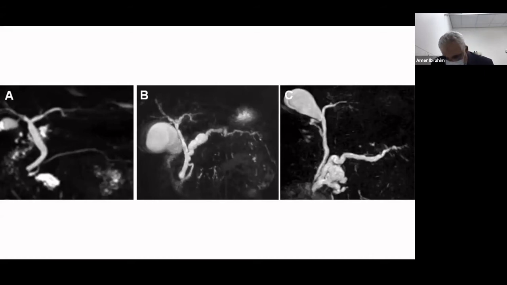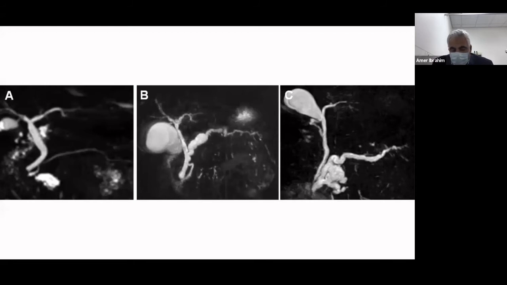Now, these lesions are quite common. There were autopsy studies from India and other countries, and then recently they started looking into MRIs which had been performed for other reasons, not pancreatic lesions, for example for abdominal pain or for Crohn's disease or any other disease.